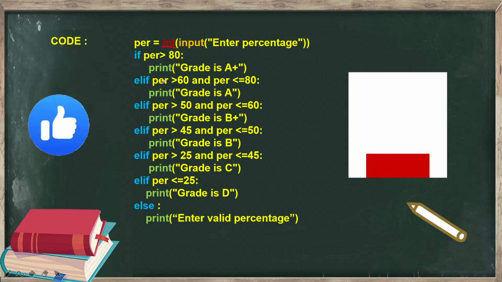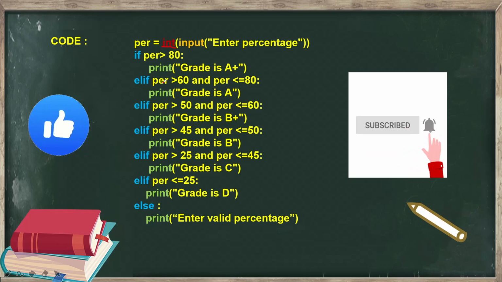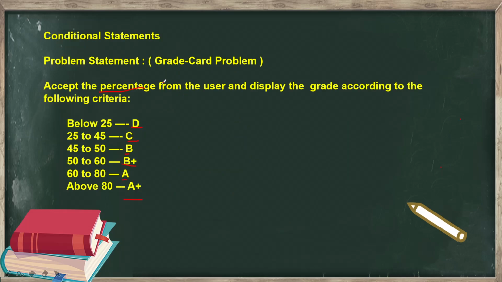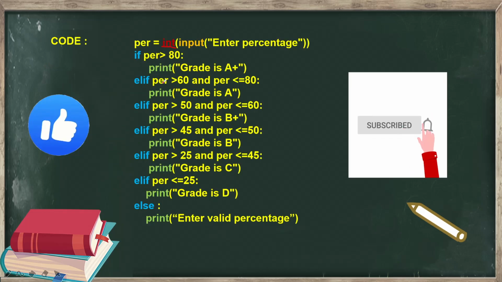So if your percentage is greater than 80, then the grade is A plus. If your percentage is greater than 60 and below 80, as we have seen in the problem statement, we have to display the grade as A. If percentage is greater than 50 and less than 60, B plus.